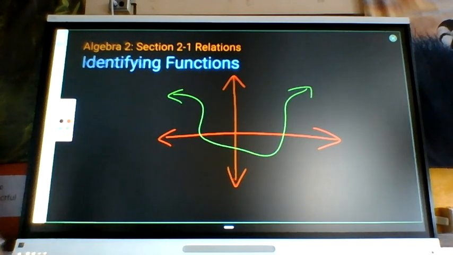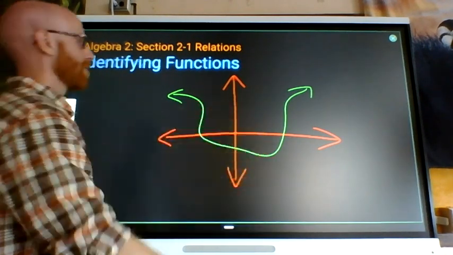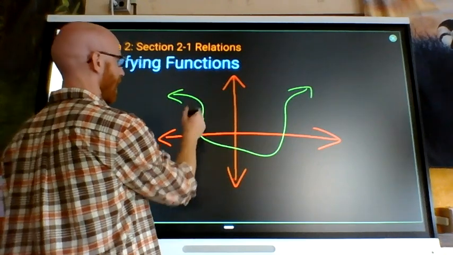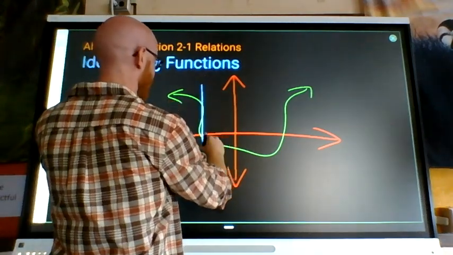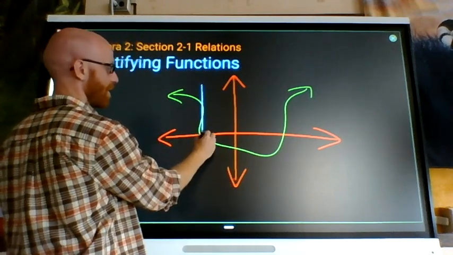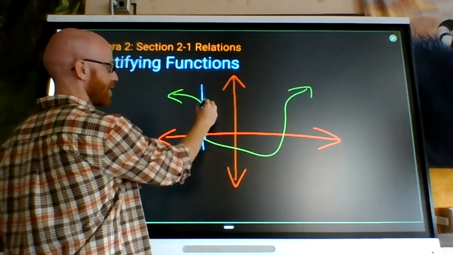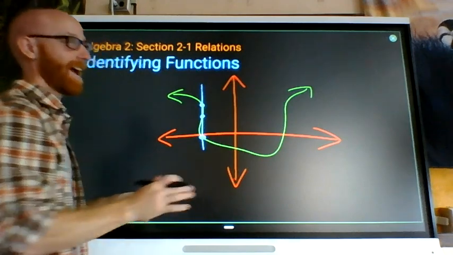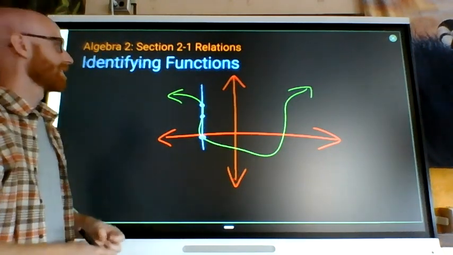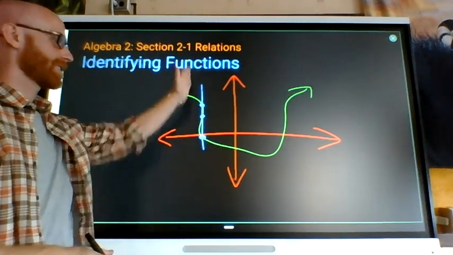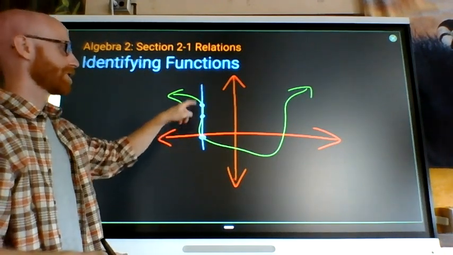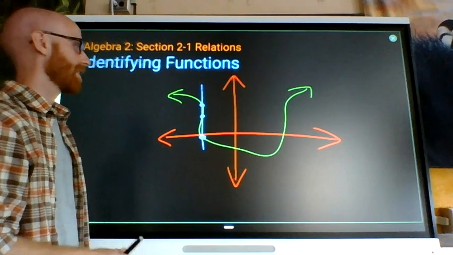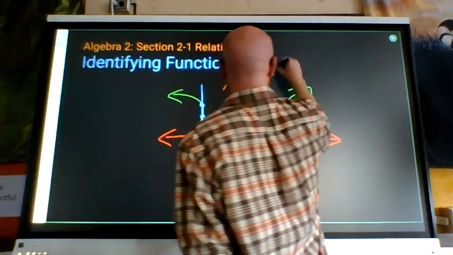If there is nowhere along the graph where I can draw a vertical line that goes through my relation 2 or more times, then I have a function. Okay? If I cannot do this, all right, this vertical line goes through the relation 3 times.